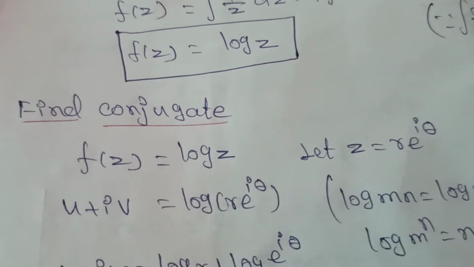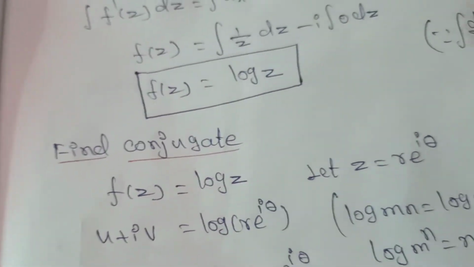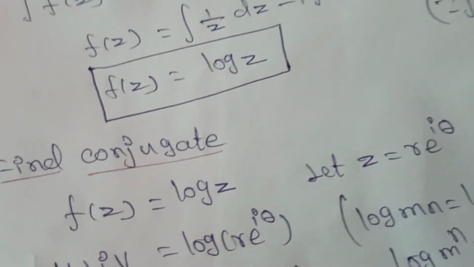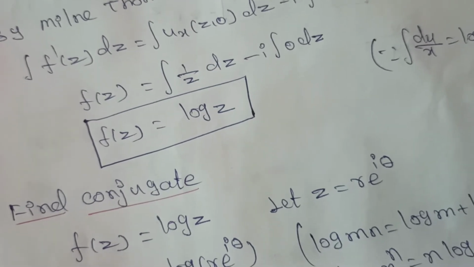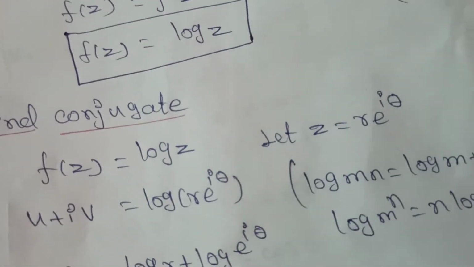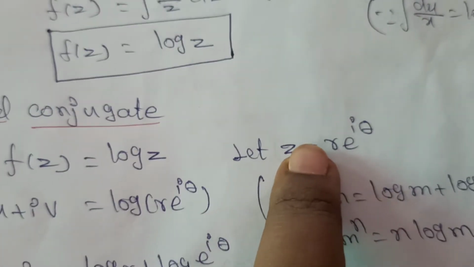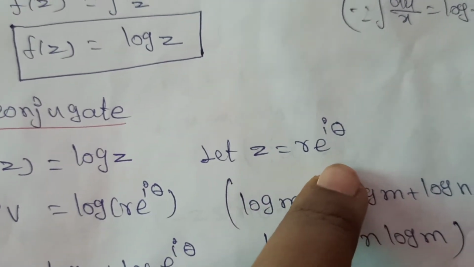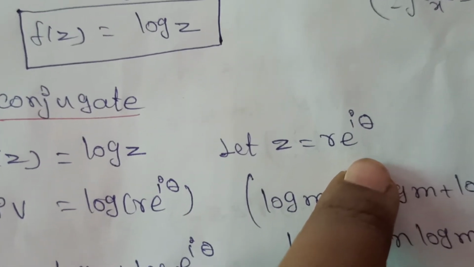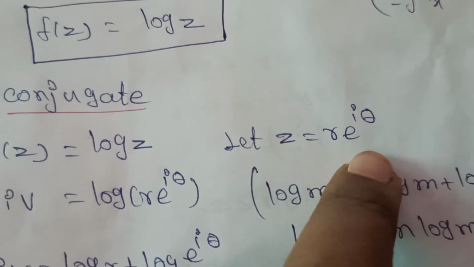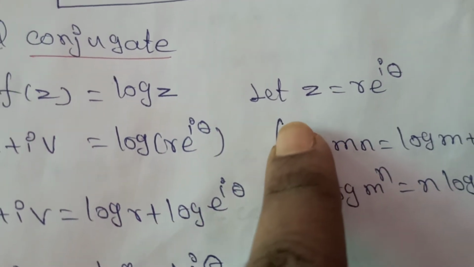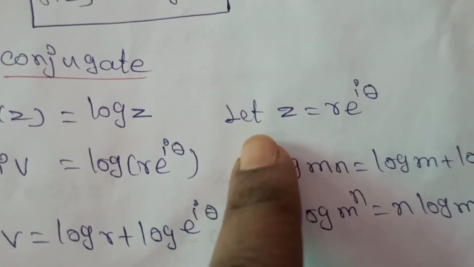Okay, so log z, actually exponential and log. Suppose in your answer the analytic function has exponential and log, then at that time you can use the polar condition. Okay, polar condition. Polar condition uses the variables r and theta. You take let z equal to r into e power of i theta.